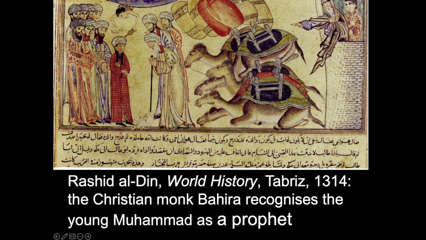Bahira has previously assured the merchants that among them lurks a prophet, but as they present themselves before him, one by one, he rejects them each in turn, finally demanding whether there's anyone else travelling with them. The moment he sees Muhammad, he identifies him as the chosen one.